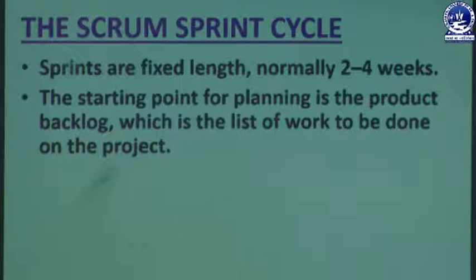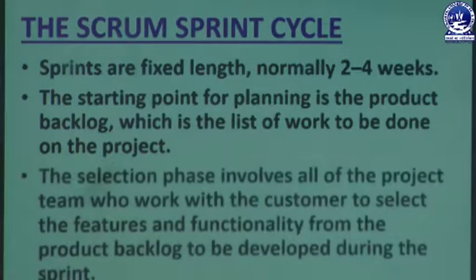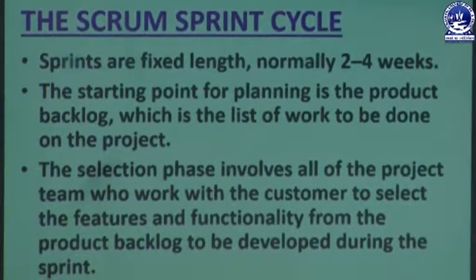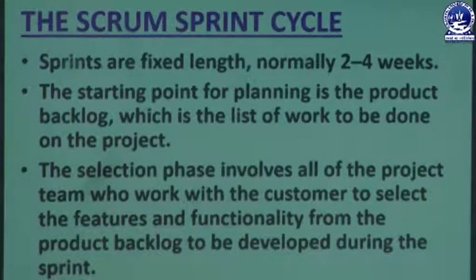Then after getting the product backlog, we will go for the selection phase. What is that selection phase? The selection phase involves all of the project team. That means we have to select the project team, who will be the Scrum Master and who will be the team members.